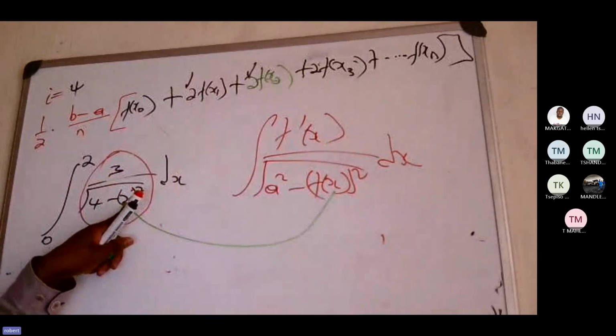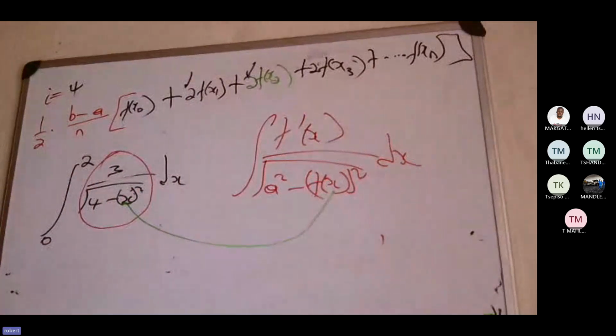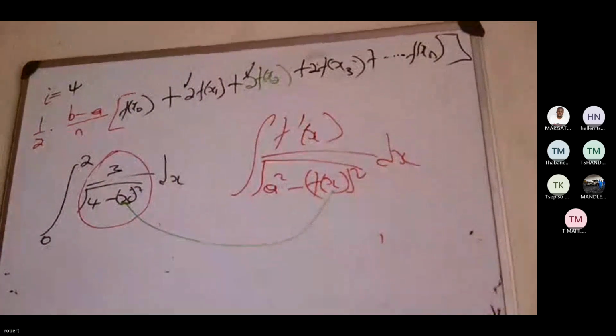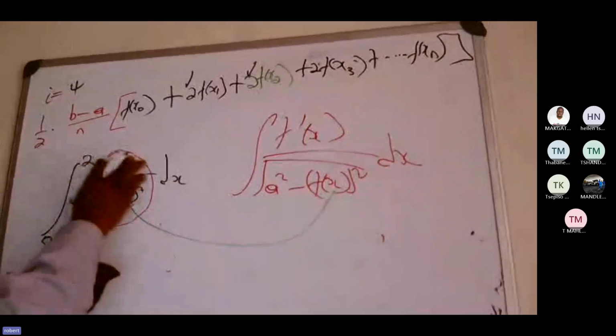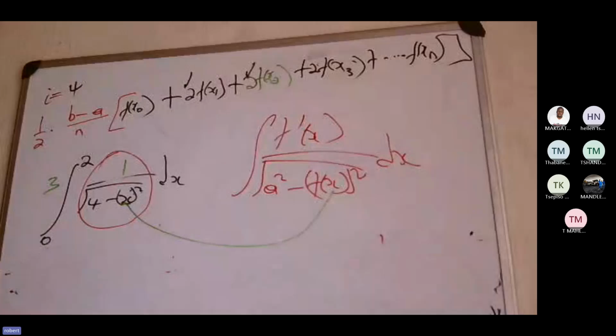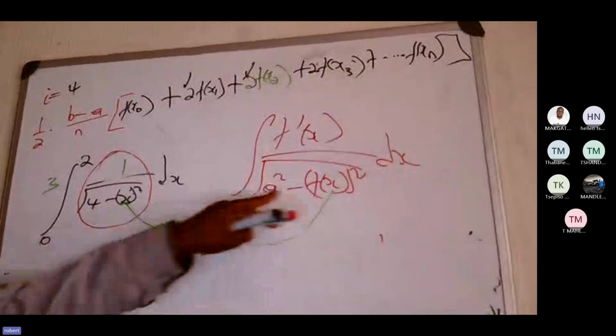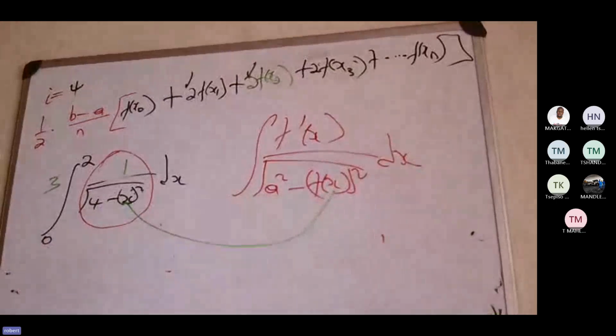The derivative of x is not 3, but you can take the 3 out, then write 1 here. You don't even have to cancel or counteract anything. It will just be straight this, which will now be 3.